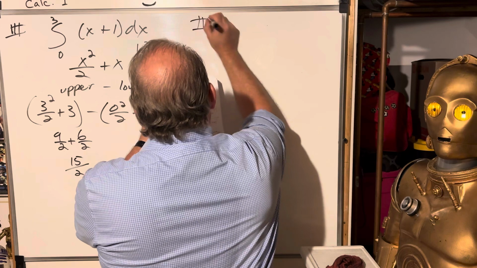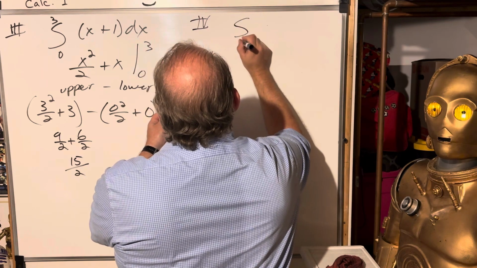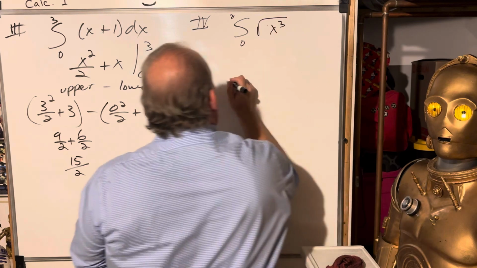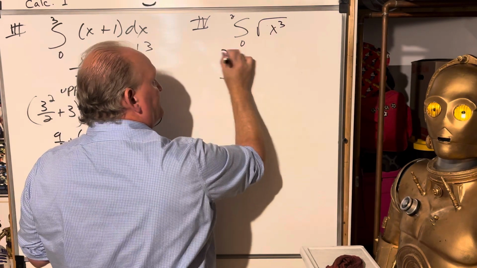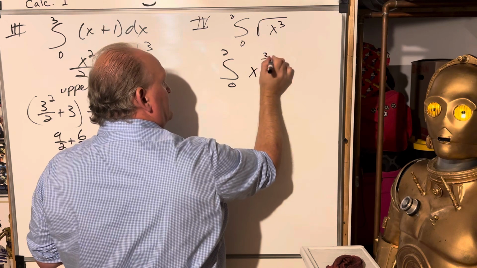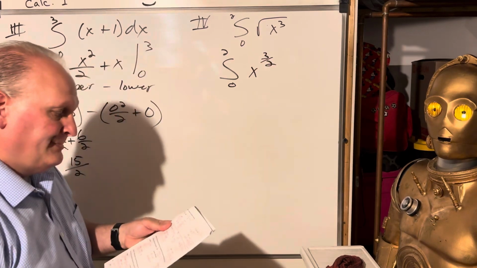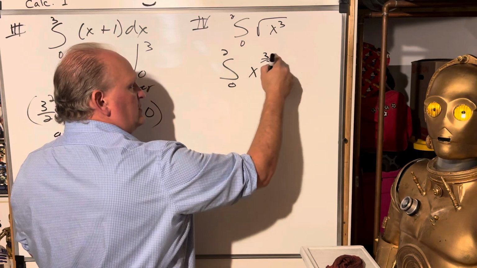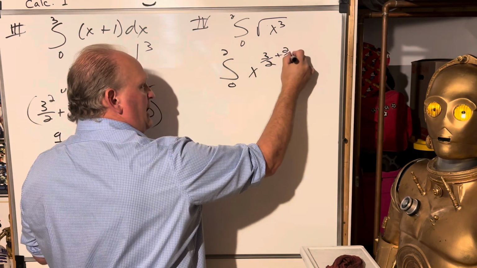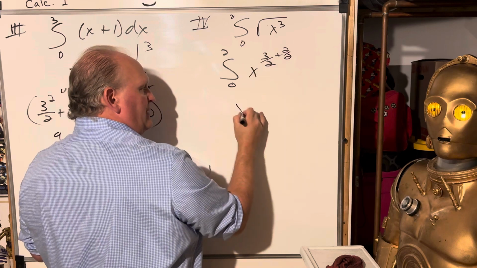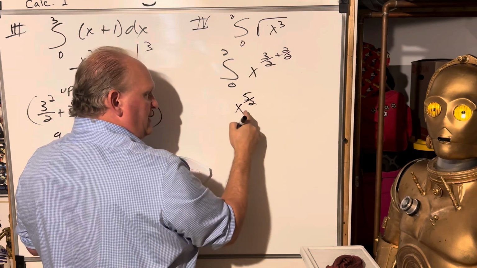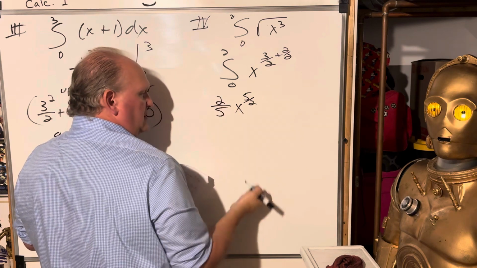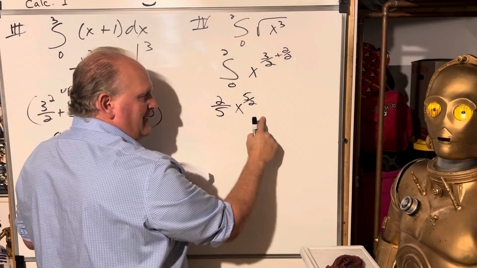Number 4, we're looking at from 0 to 2, the square root of x cubed. So let's do a quick rewrite: x to the 3 halves. And so remember, when we do the antiderivative of that, we're just adding 2 halves to the top, so 5 halves, and the coefficient is going to be the reciprocal, because I'm dividing by 5 halves.